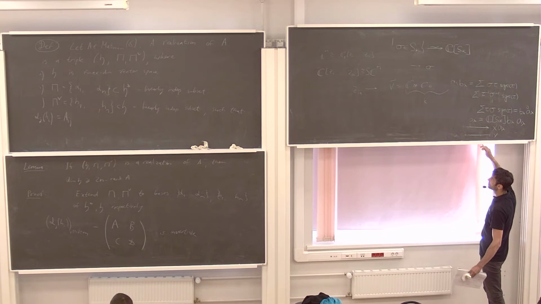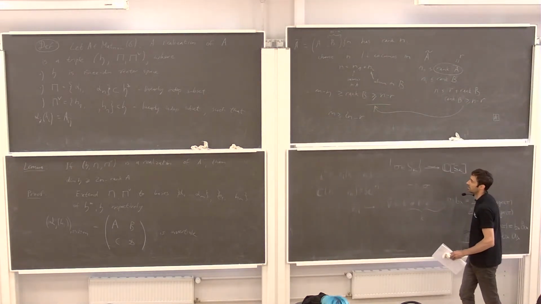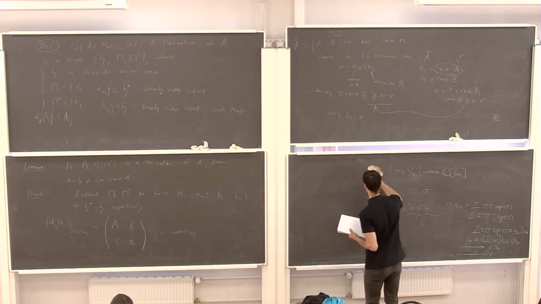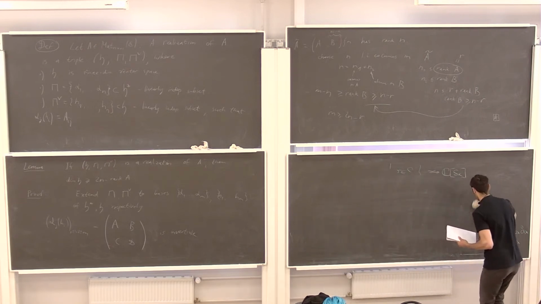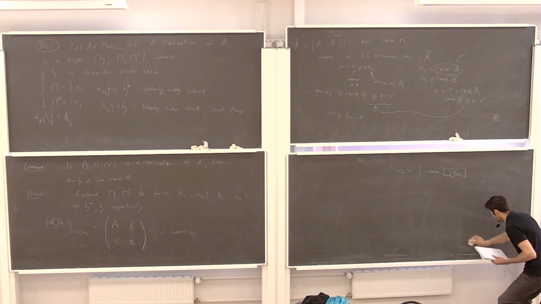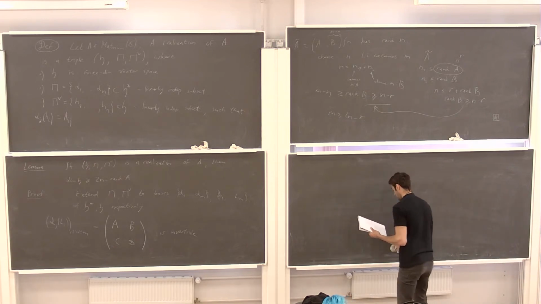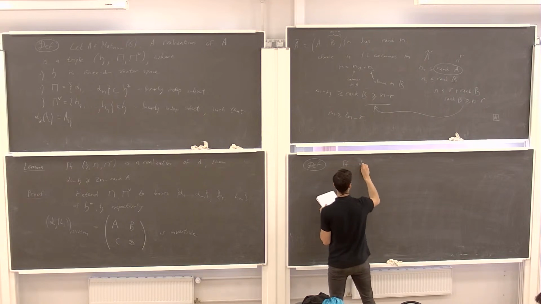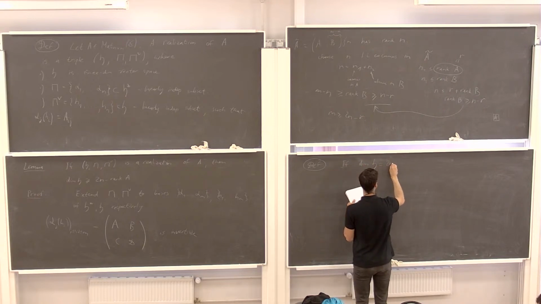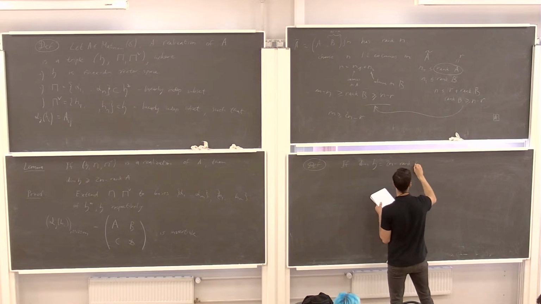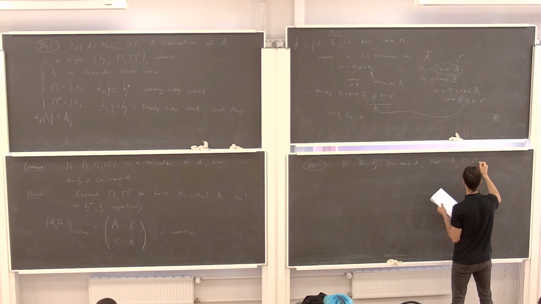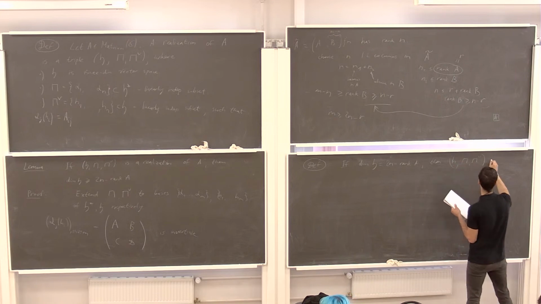And so the answer is yes, we can. And let us actually invent a name for this situation. So definition, if dimension of H equals 2n minus rank A, then the realization is called minimal.